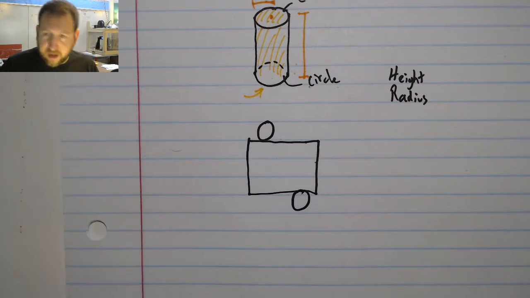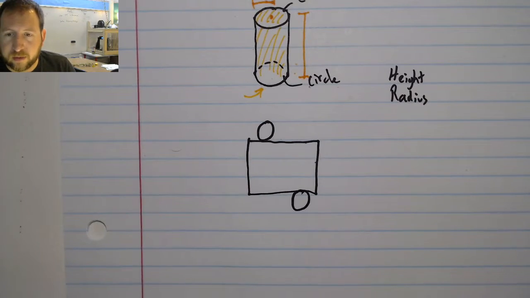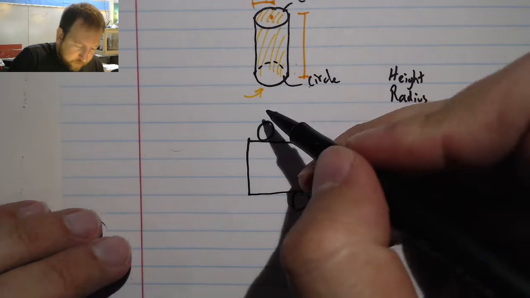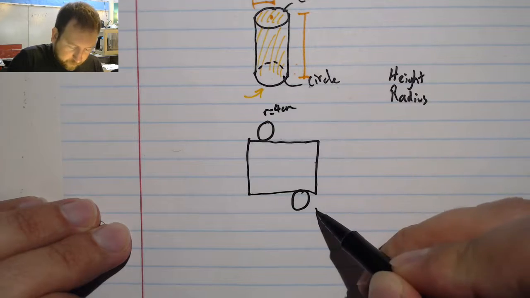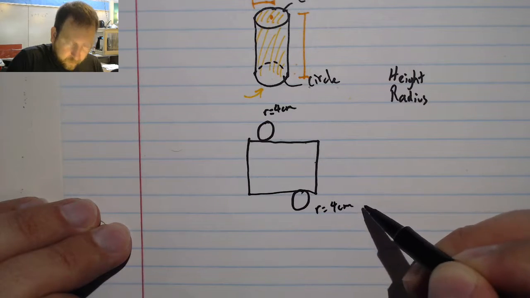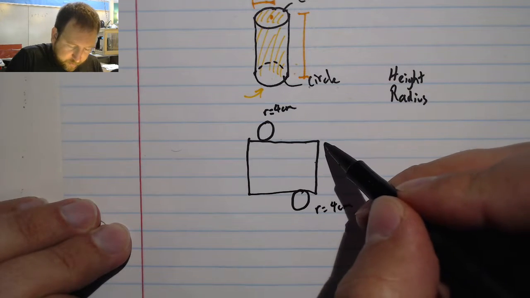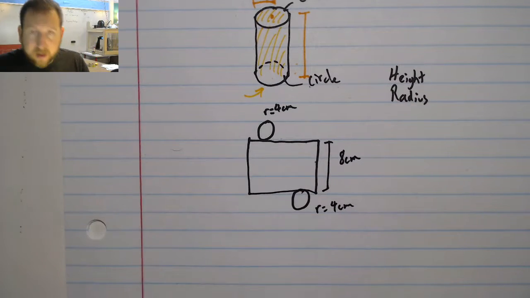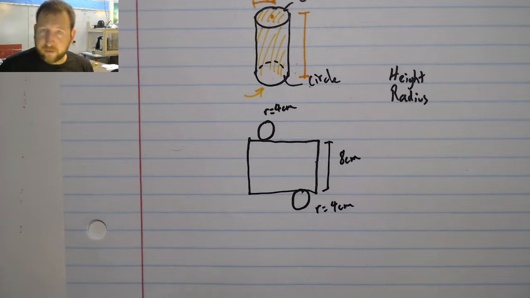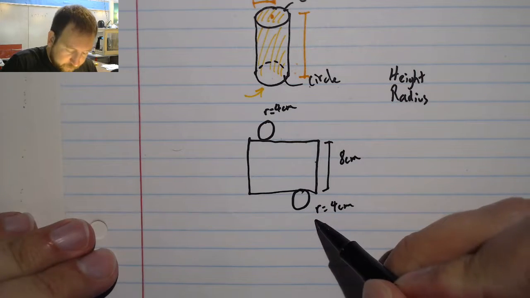Watch. So say in this example we have the radius equal to 4 centimeters and our height is going to be 8 centimeters. Well, if I'm going to add up each piece, that's really easy for me to do. I know the area of a circle.